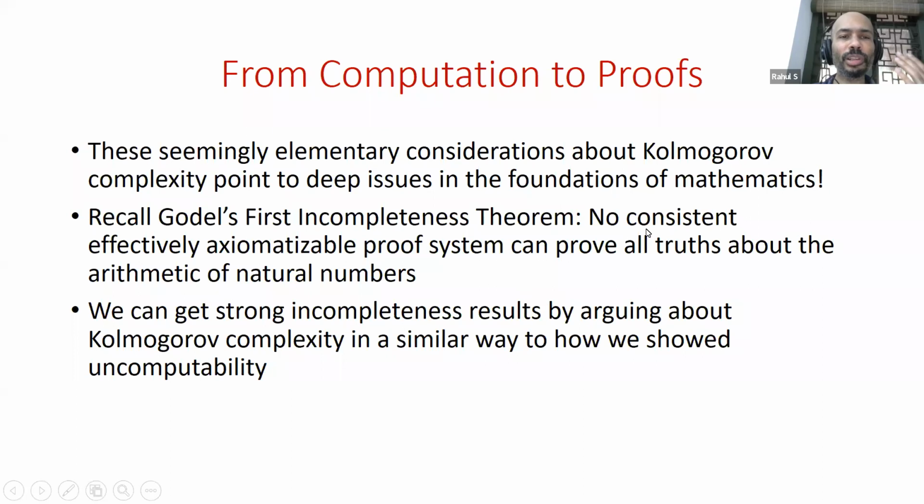To be a bit more formal, there's no consistent proof system that's effectively axiomatizable. This is a natural requirement in proof systems, that you can check whether a proof is a proof in a computable way.